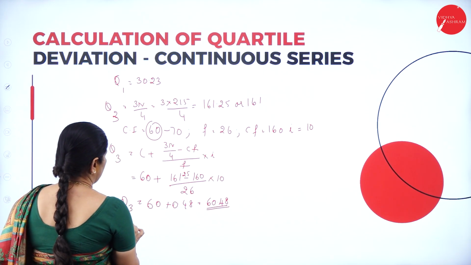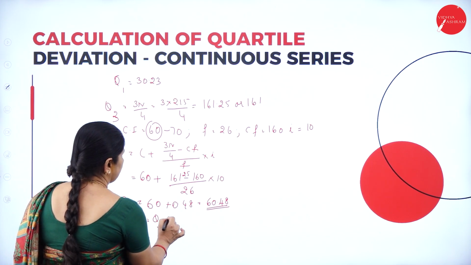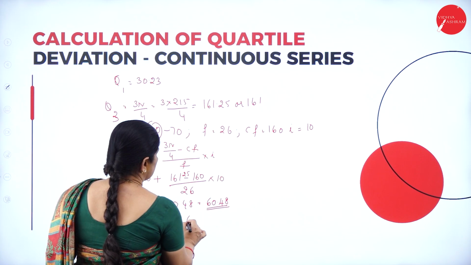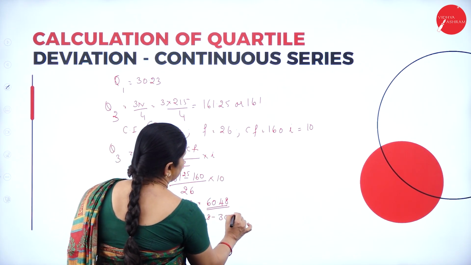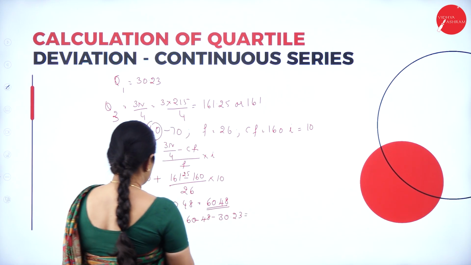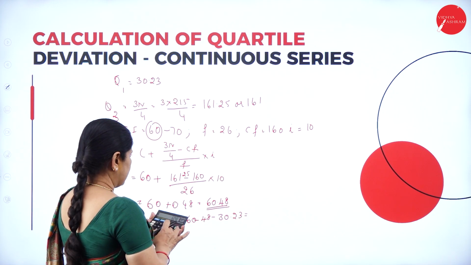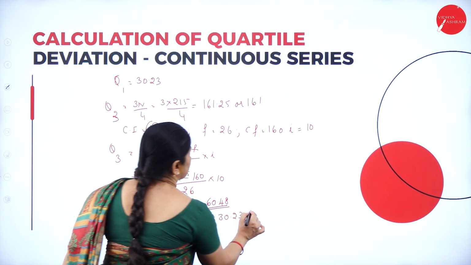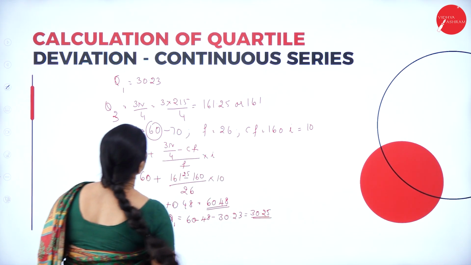So I have to find the interquartile range, which will be Q3 minus Q1. So Q3 is 60.48 minus 30.23, which equals 30.25.